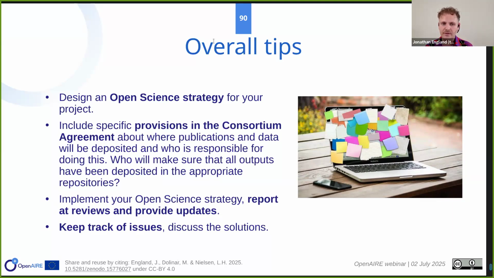So include any specific provision in the consortium agreement, because that is where there are sometimes tensions between partners if it wasn't included, because you want to make sure that you agree from the beginning about where your publications and data will be deposited, and who is responsible for doing this.